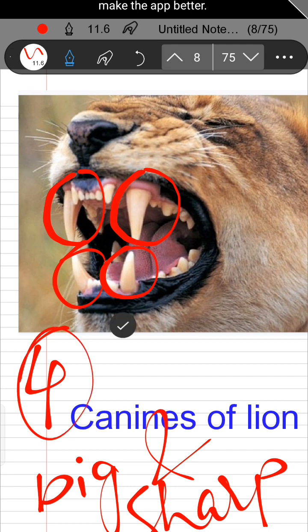These 4 canines help the lion to tear the flesh of the herbivores. What are herbivores? Herbivores are plant-eating animals and carnivores are these flesh-eating animals. So these pointed teeth help carnivores like lion, leopard, tiger to tear the flesh and eat.